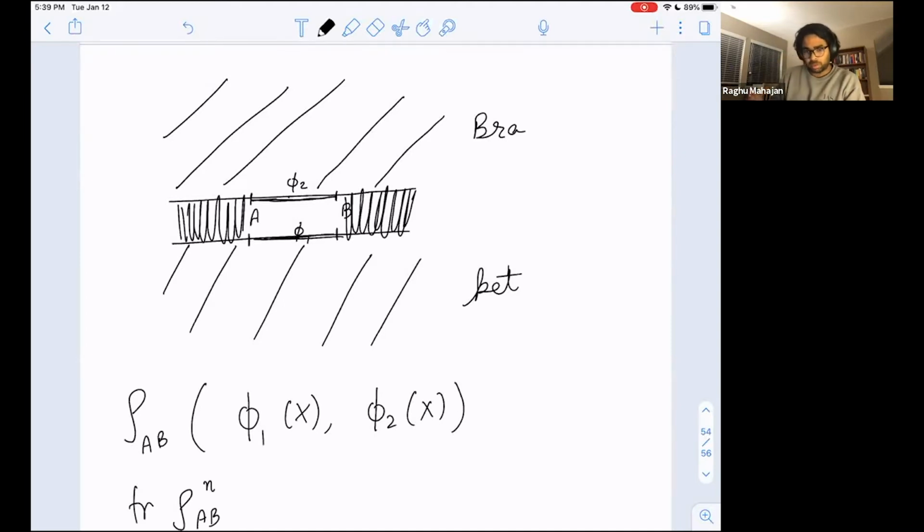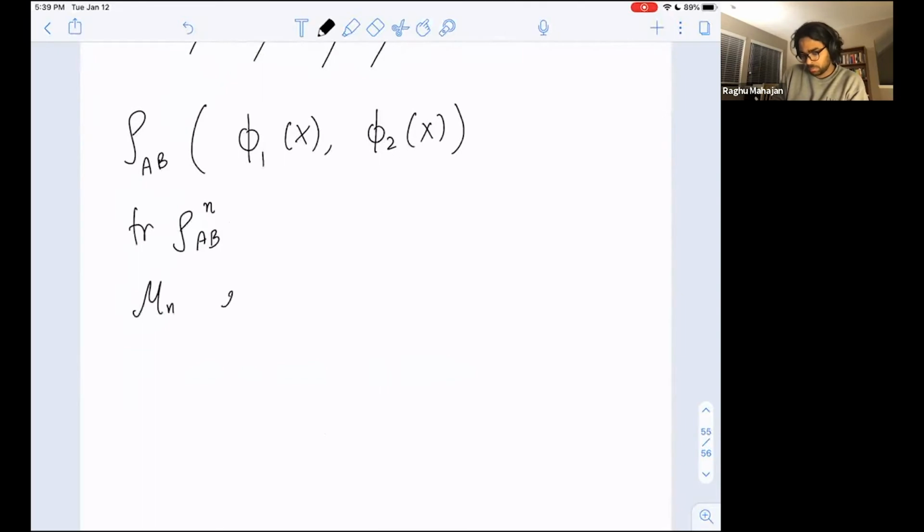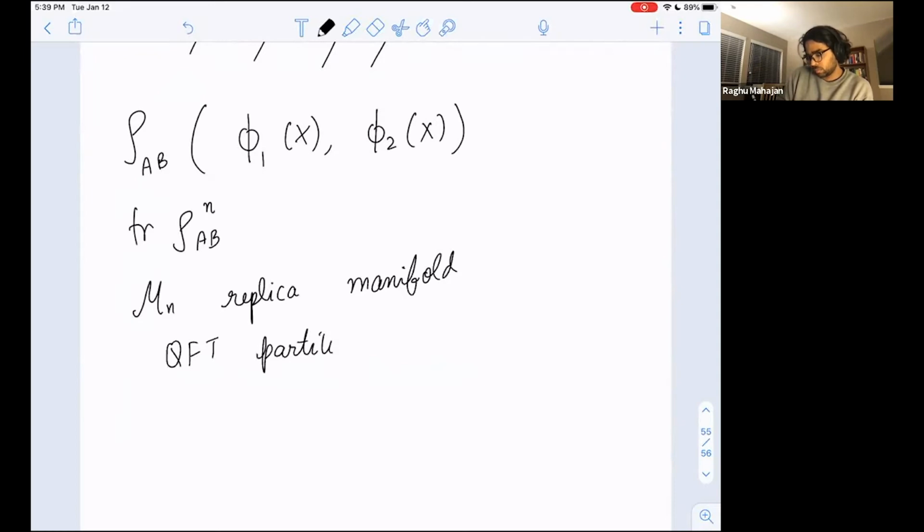That's called the replica manifold, usually denoted M_n. And the QFT partition function on M_n equals trace rho to the n.